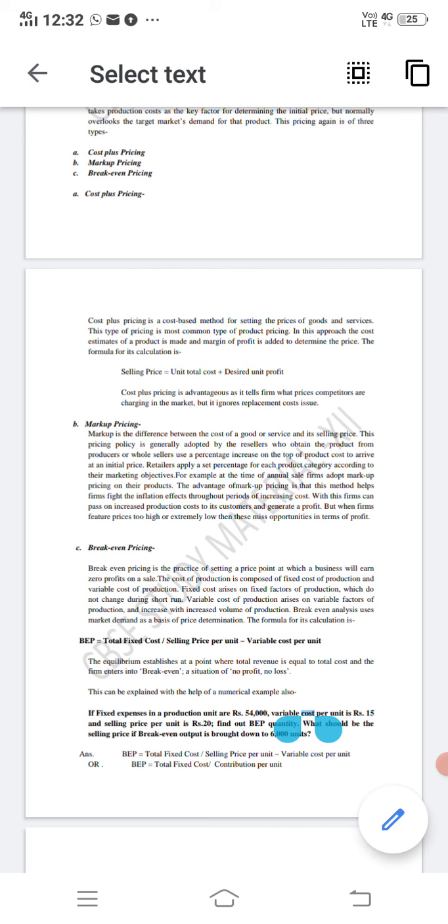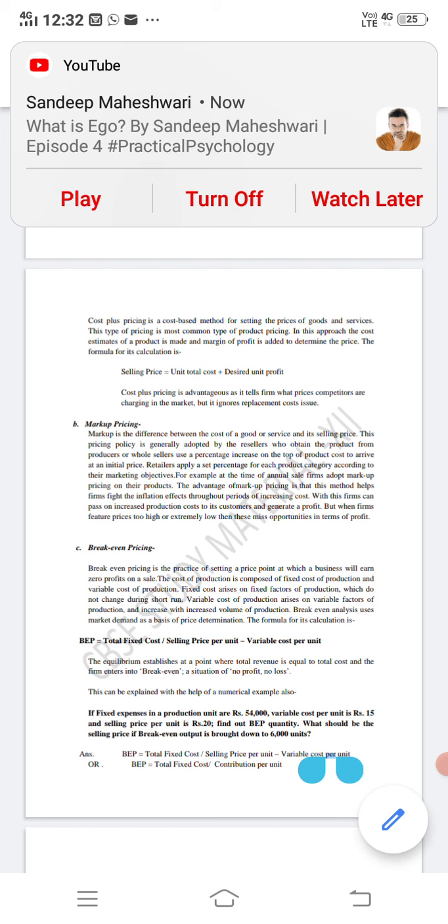The point when a company earns no profit, no loss, is called break even pricing. Here is a definition. Break even pricing is the practice of setting a price point at which a business will earn zero profits on a sale. The cost of production is composed of fixed cost of production and variable cost of production. Just remember this statement also. Cost is the composition of two costs, fixed cost and variable cost.